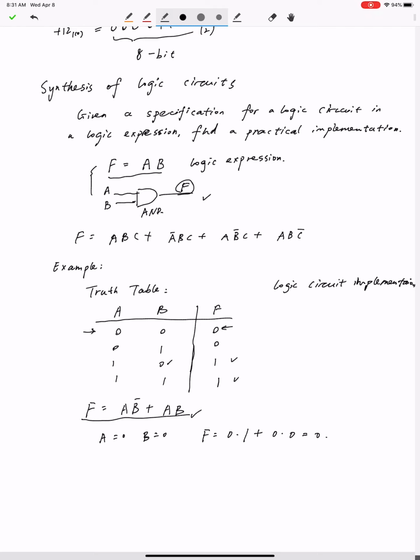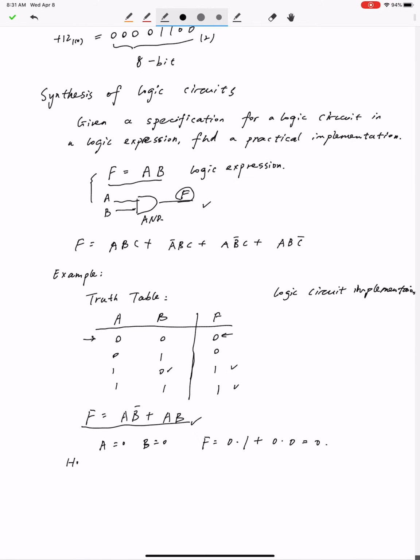And this process can be summarized in a few steps. Let me give you these procedures. So the first step is how to write a logic expression according to a truth table.